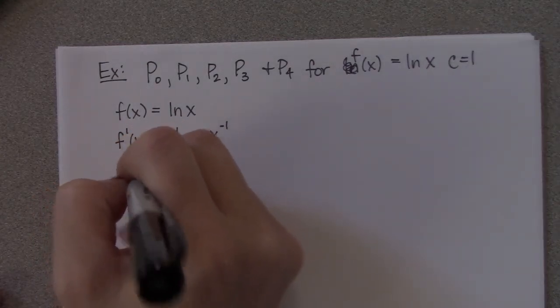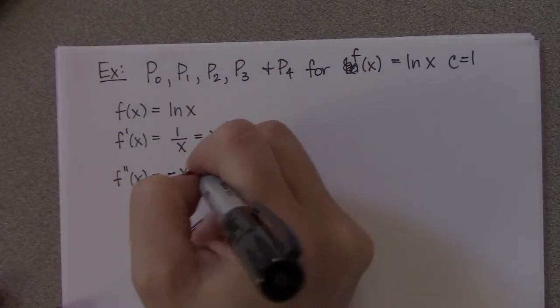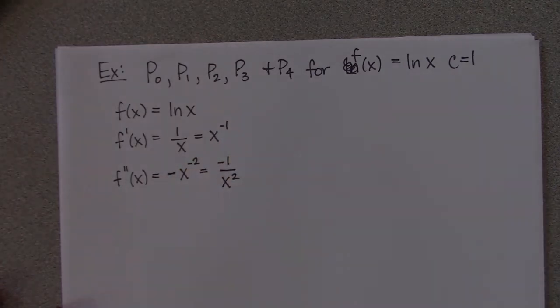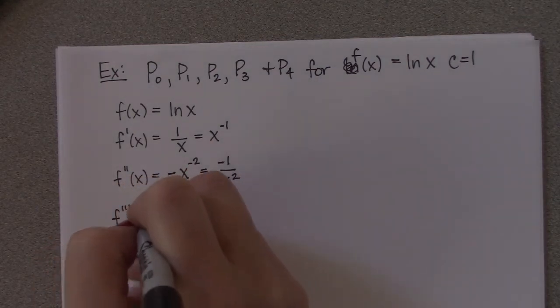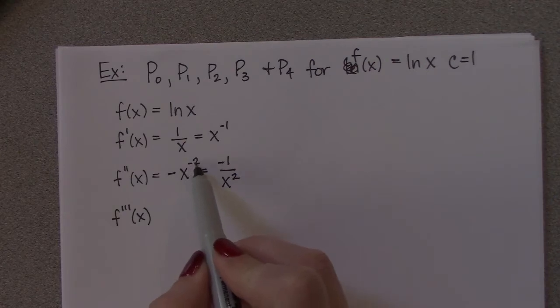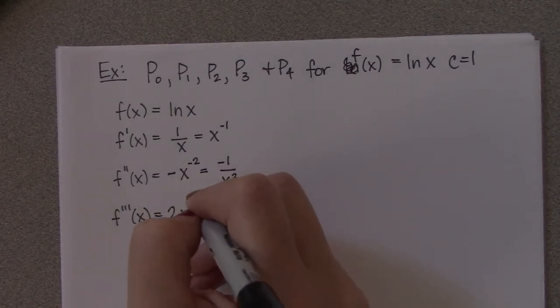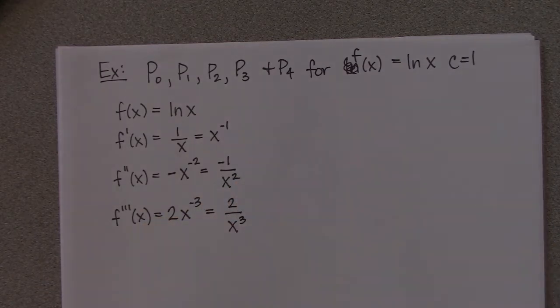The second derivative, right, is negative x to the negative 2, which I'm going to take back with a positive exponent because I want to make sure I can see the pattern that's emerging, right? The third derivative, we can see here, we get negative 2 times negative 1. That gives me positive 2, x to the negative 3. So this is 2 over x cubed.